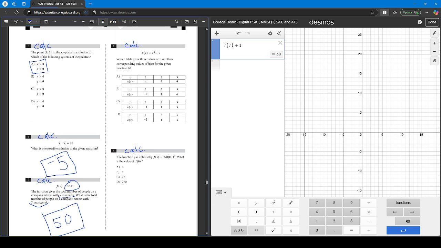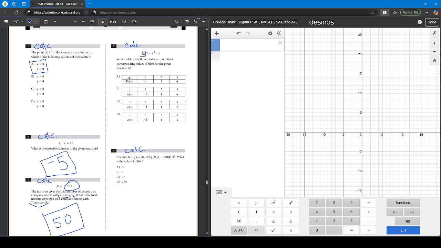And then up next, we got question number 8. Which table gives 3 values of x and their corresponding values h of x for the given function h? Anytime I see this like h of x, I'm thinking of what letter?